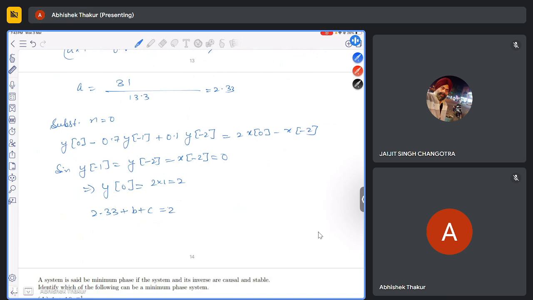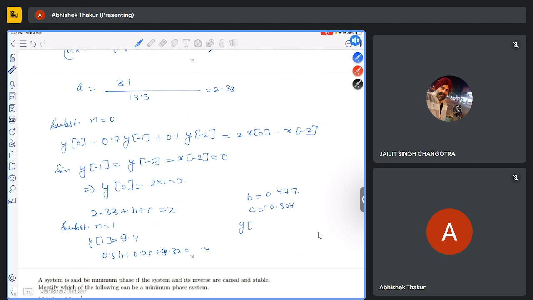And also when you substitute n is equal to 1, then you will get y of 1 is equal to 9.4. So again we can write 0.5b plus 0.2c plus 9.32 is equal to 9.4. So similarly we will get the value of b as 0.477 and c is equal to minus 0.807.